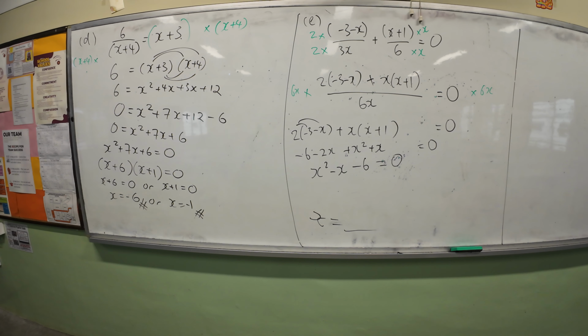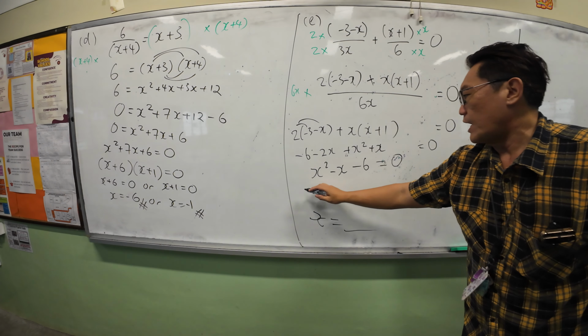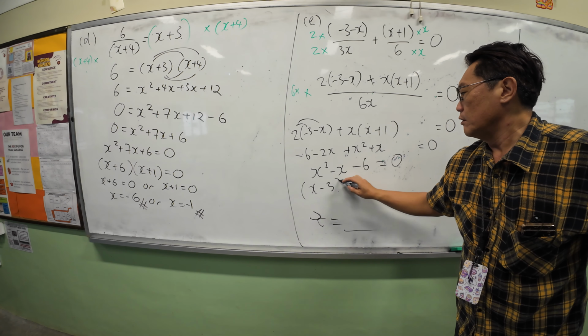Okay, again x squared minus x minus 6 equals to 0. You can choose to do the quadratic formula. A is 1, B is negative 1, C is negative 6. Or if you can see the factorization, I can see the factorization.